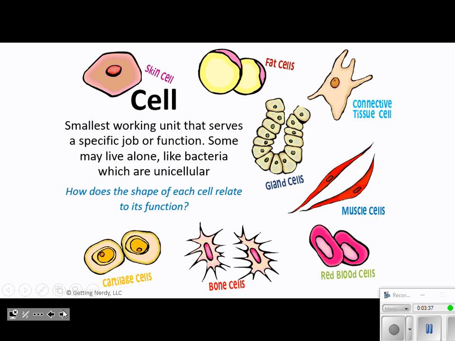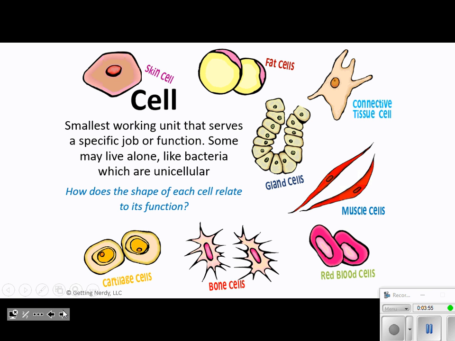So we have many different types of cells. And these many types of cells have many different jobs. And their jobs or their functions are related to their shape.